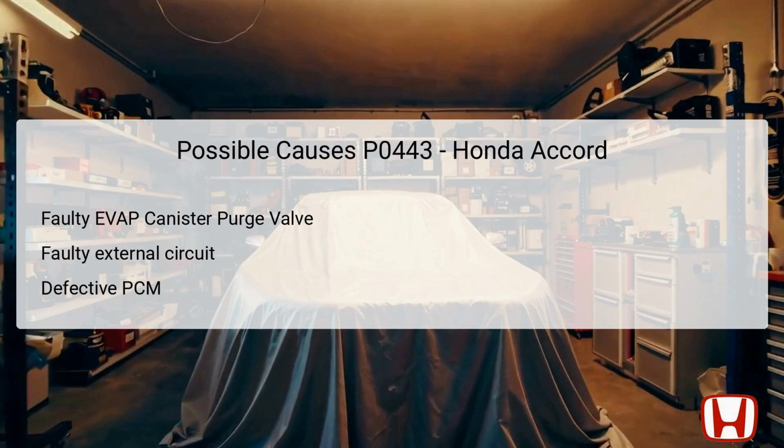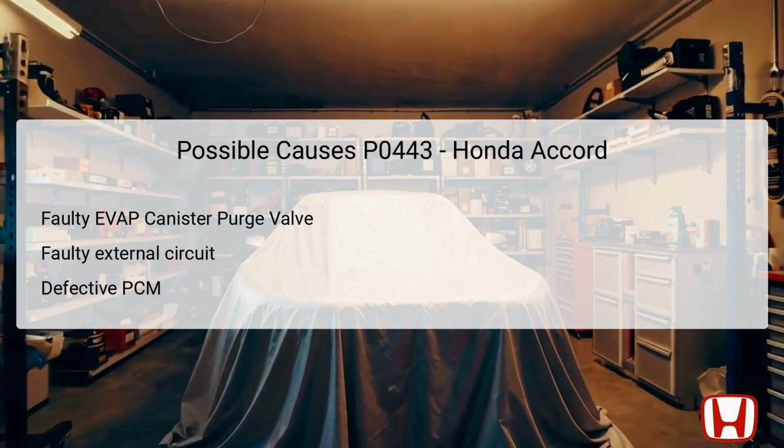Various factors could result in the emergence of DTC P0443. The first is a faulty Evap canister purge valve, which could be causing the improper signal transmission. If the valve is stuck open or closed, it will lead to abnormal signals that trigger the DTC. Another possible cause is an issue within the external circuit, specifically the signal and power wires related to the purge valve.